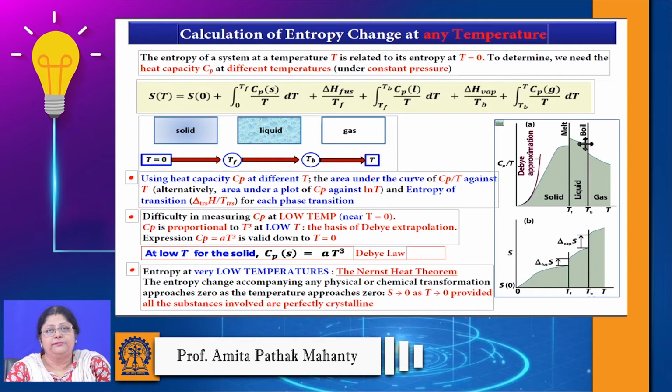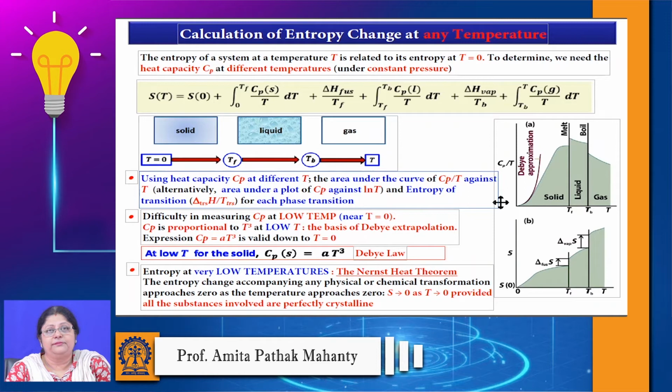Now the problem is to measure the Cp at 0 degrees, because we are saying that the value of Cp has to be computed. So when we are talking about very low temperatures, what will be the value of Cp? It is difficult to measure Cp at very low temperatures approaching 0.